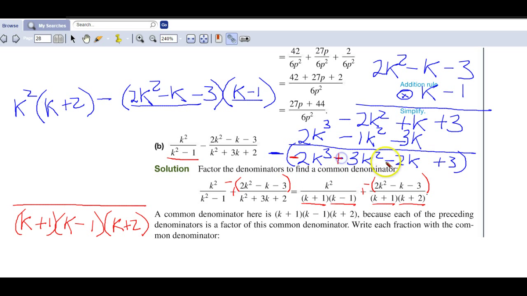This will become a positive, and this is going to become a negative. And then I'm going to distribute that, and I get k to the third plus 2k squared, and then integrate that into this, and then finally that will be my answer all over my common denominator. And just this one problem will take 5 minutes or more.